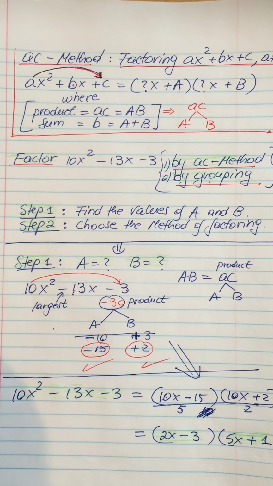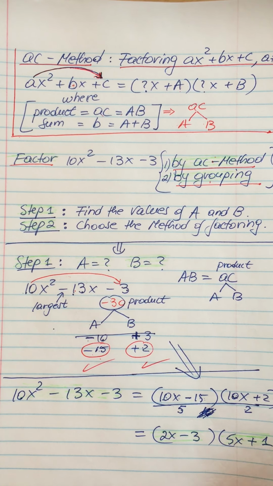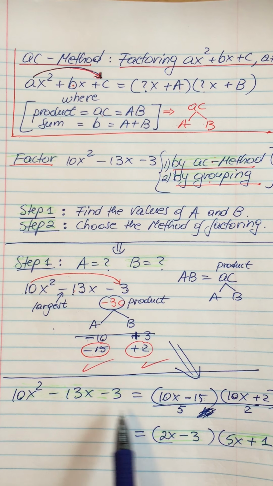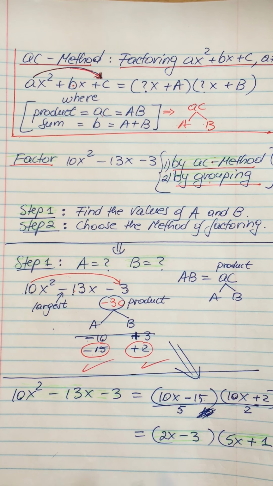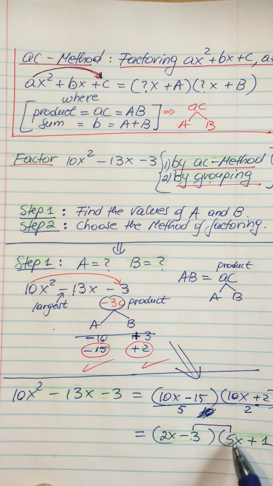Now, to check if my work is okay, so I'm done here. I consider my work perfect, so I declare that these are the binomials. But however, just for this problem, I am going to check if my work was okay. So, if I check, I will multiply those two. Negative 3 times 5x is negative 15x.